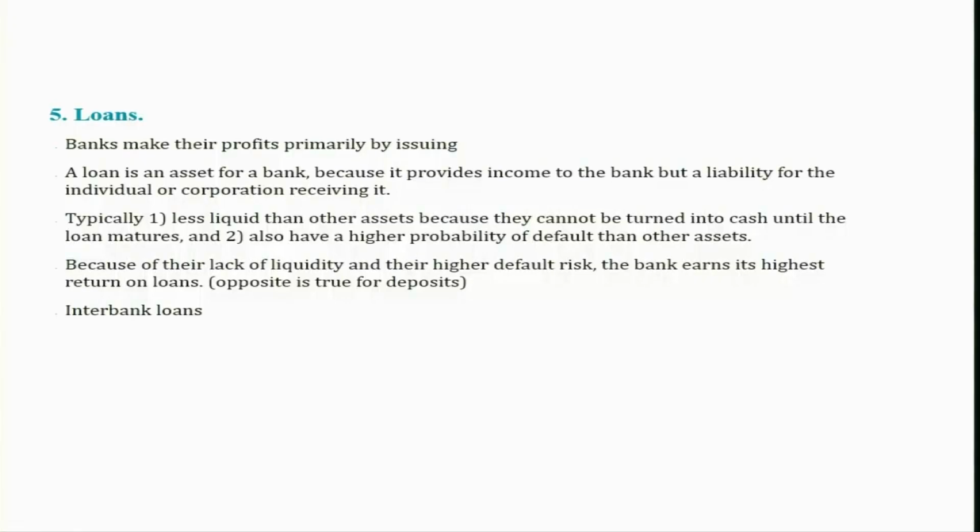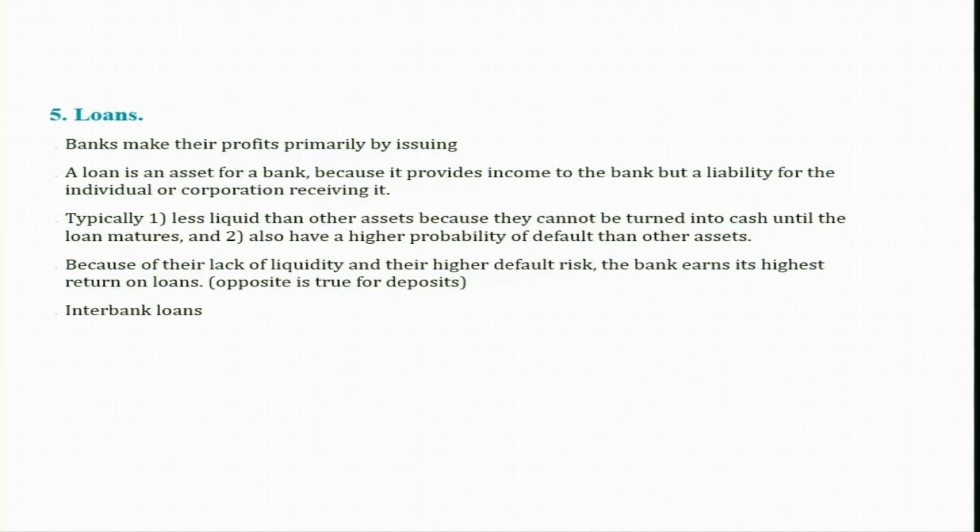Coming to the first part, loans are an important activity of a bank. Banks make their profits primarily by issuing loans. A loan is an asset for a bank because it provides income to the bank, and at the same time it is a liability for the individual or corporation receiving it.